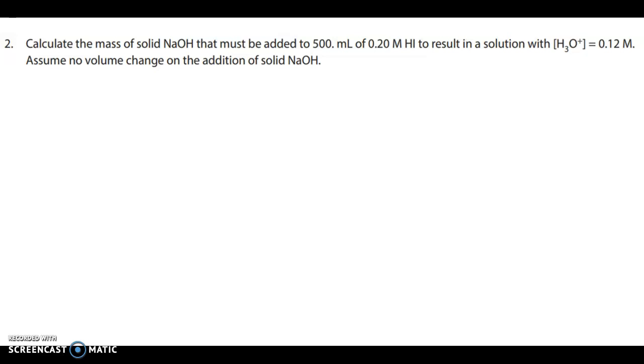Okay, so again, obviously pause the video wherever you would like to give these a try on your own. Okay, so calculate the mass of solid NaOH that must be added to 500 mL of 0.20 molar hydroiodic acid to result in the solution described, assuming no volume change on the addition of the solid NaOH, which is good.